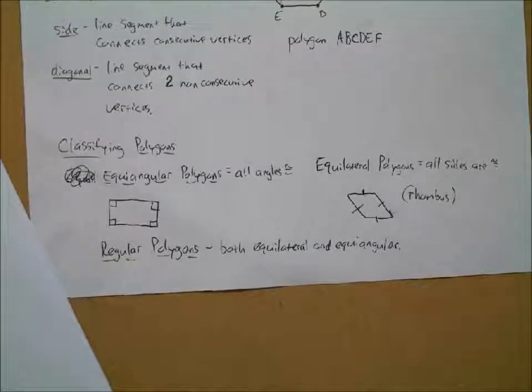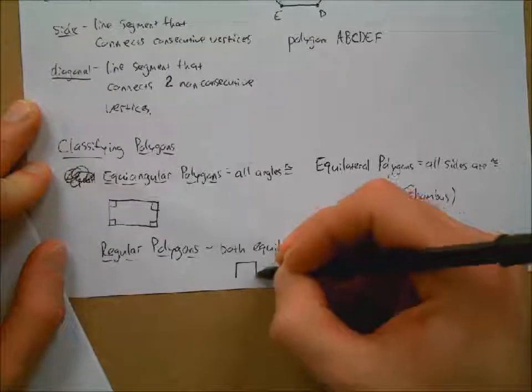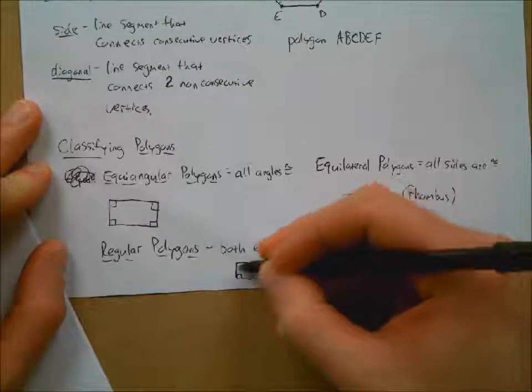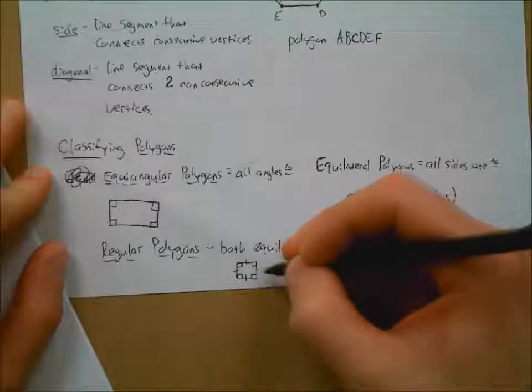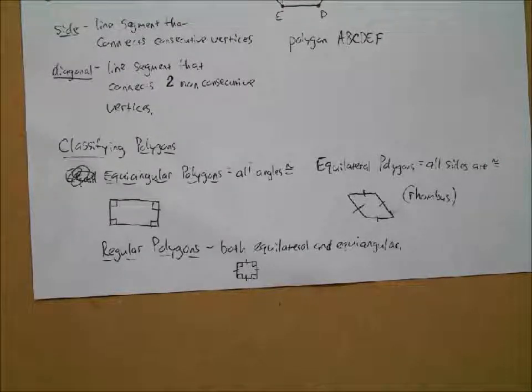And what is the name of the quadrilateral that is regular? A regular quadrilateral is also called a what? Square. You got it. He's just a regular kind of guy. Or gal. Okay. Very good.